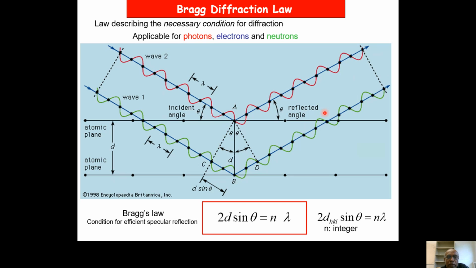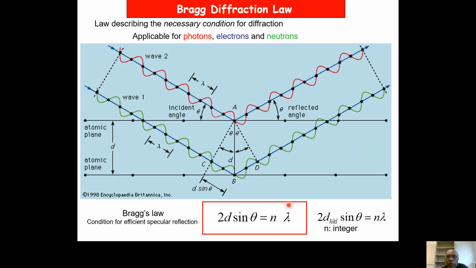So the condition, Bragg's law says, for specular reflection, your 2d sine theta, that's the path difference, should be n times lambda. You cannot have a fraction like a half lambda or 3/2 lambda. You have to have this n as an integer.